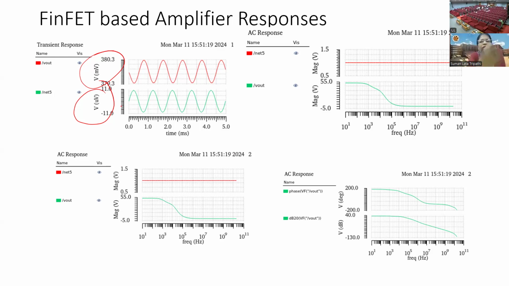So if you want that kind of amplification, you need an amplifier with a gain of more than 100. In dB, that is 20 log 100, so it will be more than 40 dB.